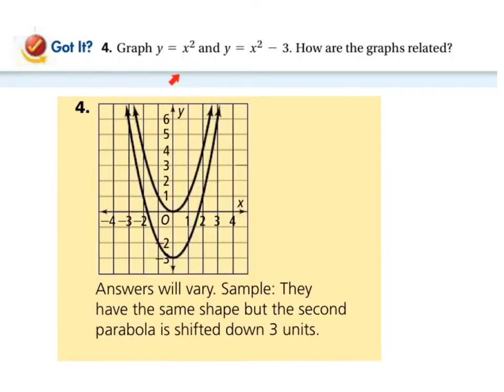So here, back to that idea of graphing the parent function, y equals x squared. And again, I trust that you can plug in the points and figure out what each of those are. 0, 0, right? 1, 1. In this case, 2, 4. Negative 2, 4, right? So on and so forth. 3, 9, negative 3, 9. I trust that you're able to do that. And subtracting the 3 from that slides the whole thing down exactly 3.